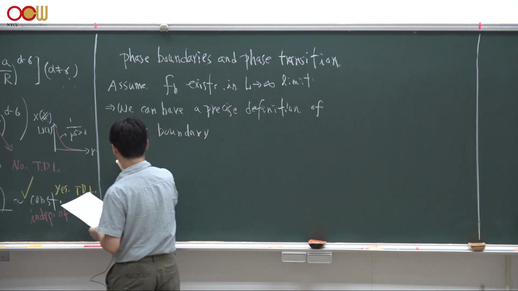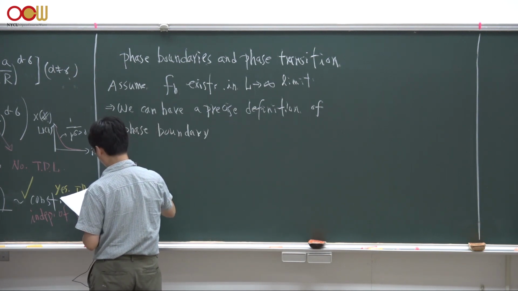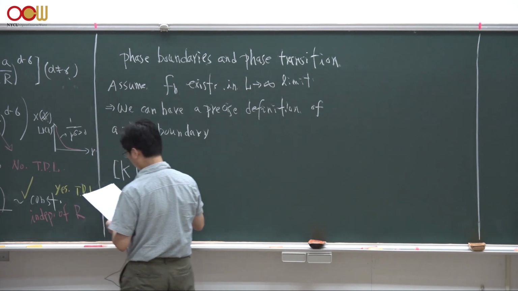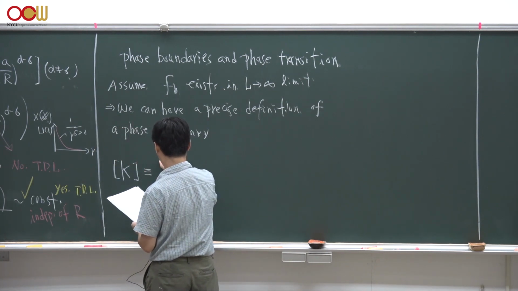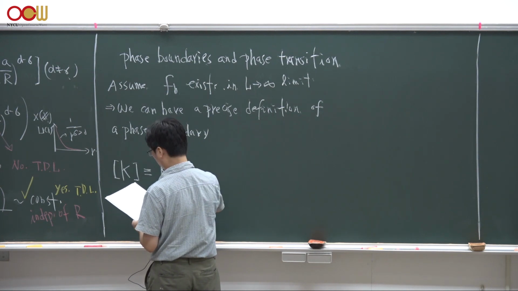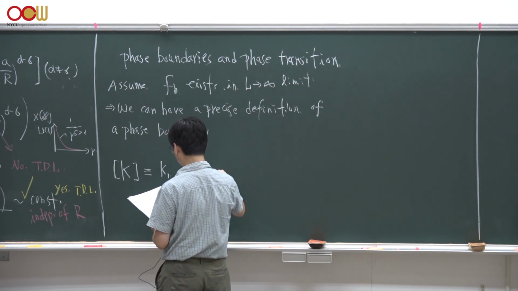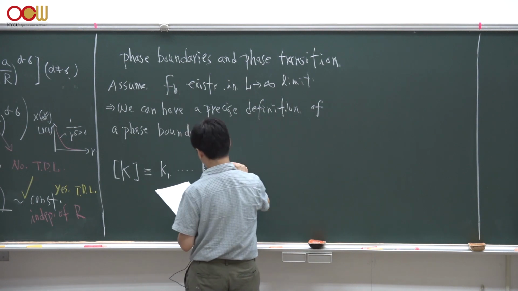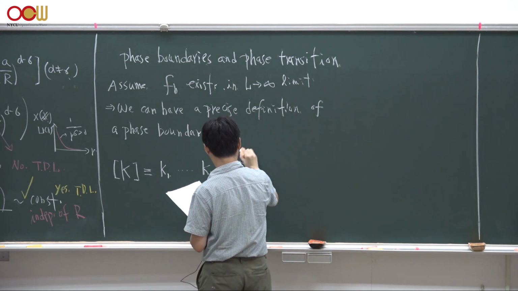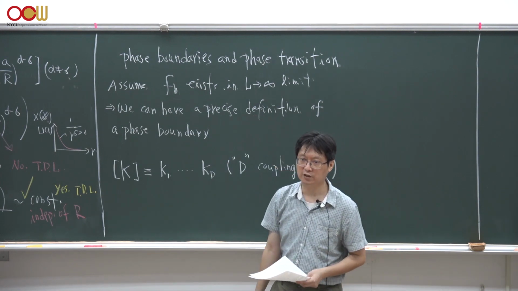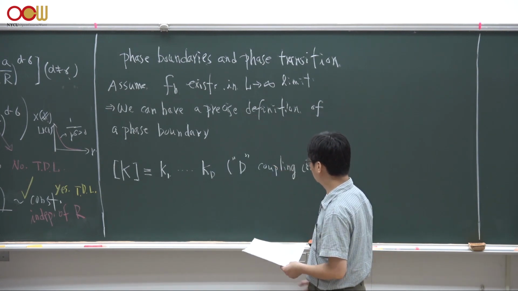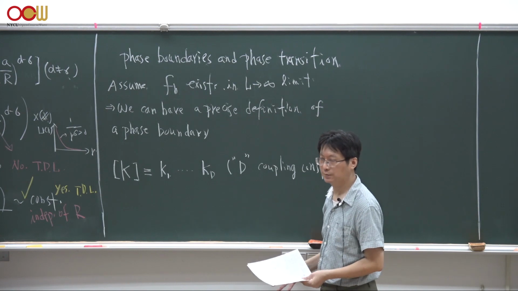Say, for example, we have a set of coupling constants, which I call K with a bracket, representing a collection of coupling constants ranging from K1 up to Kd, where d is the dimension of the coupling constants. There are d coupling constants. In other words, this phase diagram is plotted in the d-dimensional parameter space.